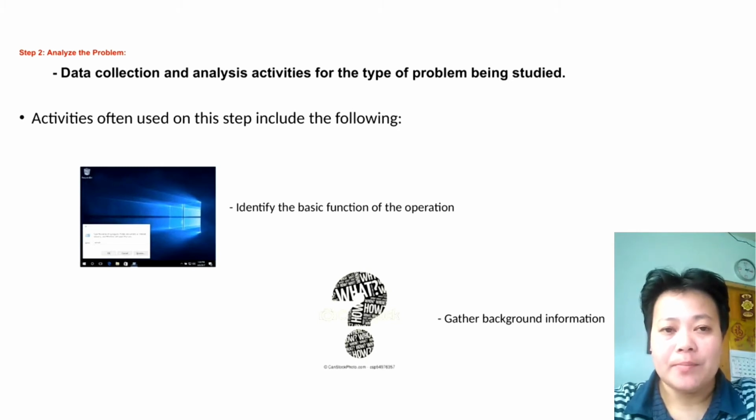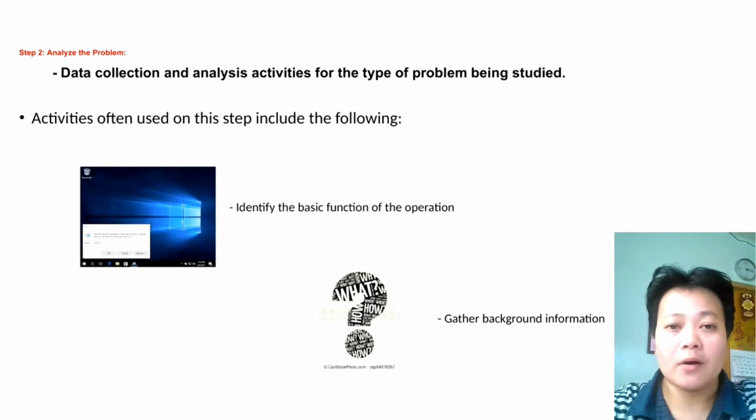Step 2. Analyzing the problem. In analyzing the problem, we have to identify the basic functions of the operation. Number 2, gather background information. This background information should indicate the root of the problem being investigated, and promote confidence for the overall quality of the operation.